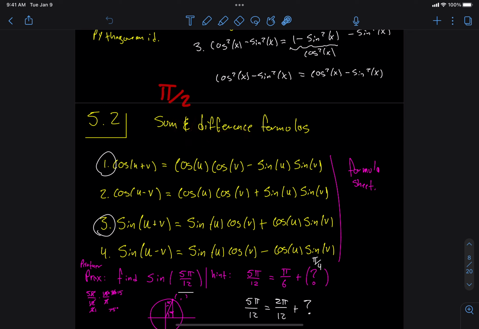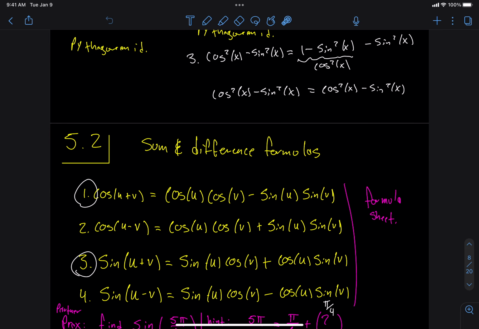If I have pi over 2, pi over 3, pi over 4, pi over 6, is there a way to subtract one of these from the other and get pi over 8? I don't think so. Pi over 4 minus pi over 6 would be pi over... No, that would be 2 pi over 24, pi over 12.